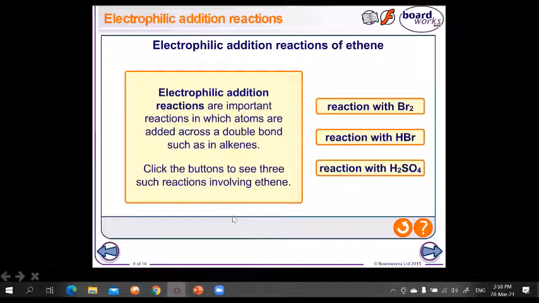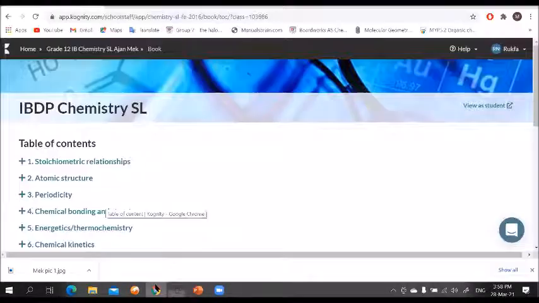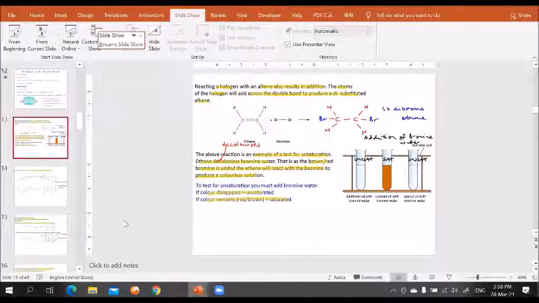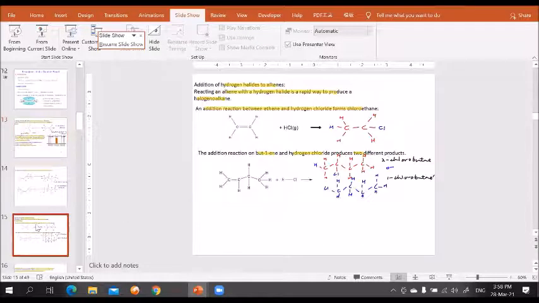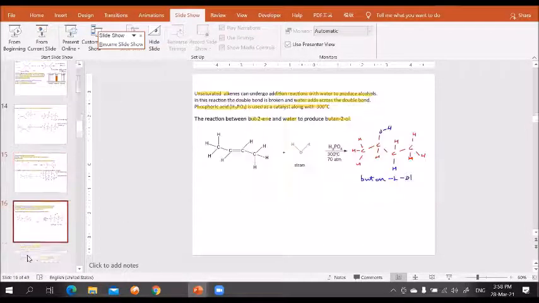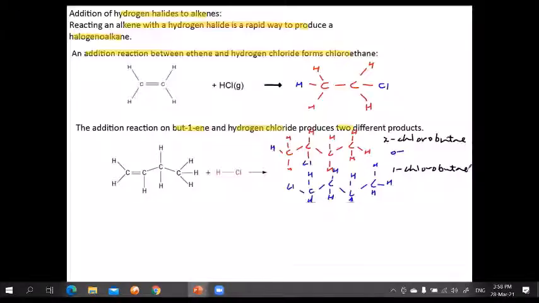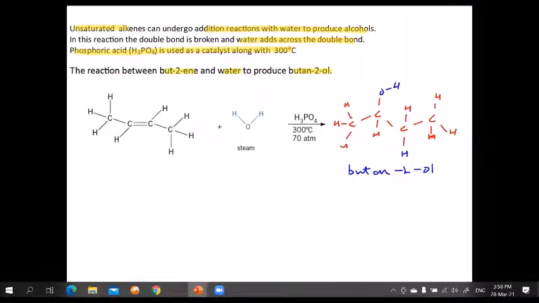Okay, so that is all you need to know with that. Let's go on to one more type of addition reaction. All right, here we go. Now, this is where we are going to deal with adding water to your alkene.